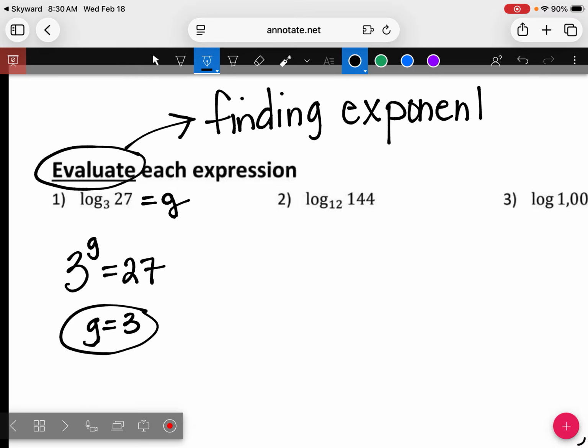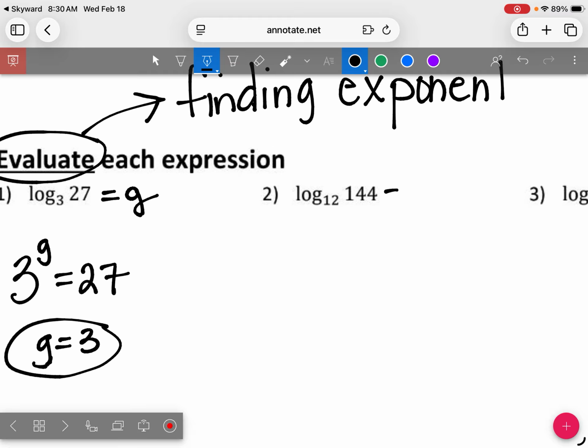All right, I'm going to use an I for Isaiah. Let's set this one equal to I. So let's rewrite this: 12 to the power of I equals 144. So don't say it out loud. Try to figure out what I has to be for this to be true. Give me a thumbs up when you know the number.